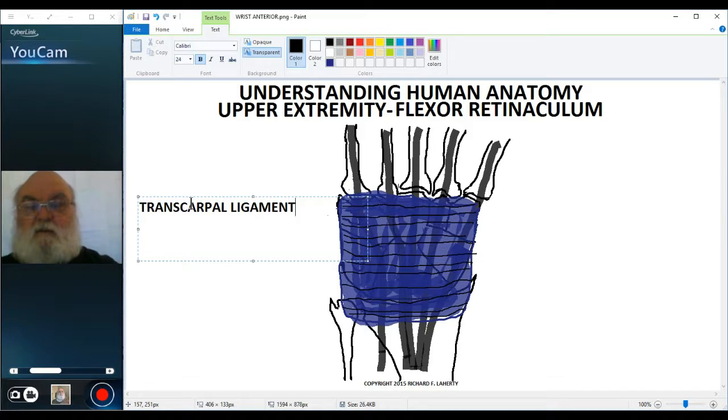And that transcarpal ligament forms the flexor retinaculum.